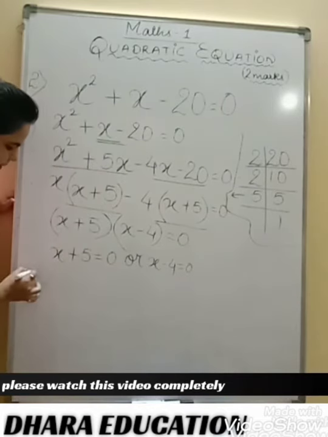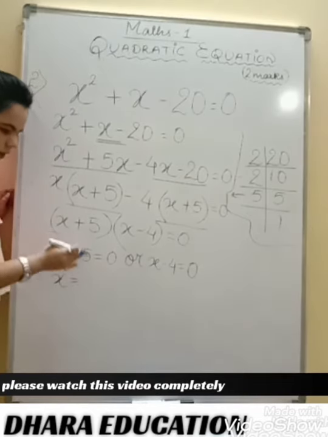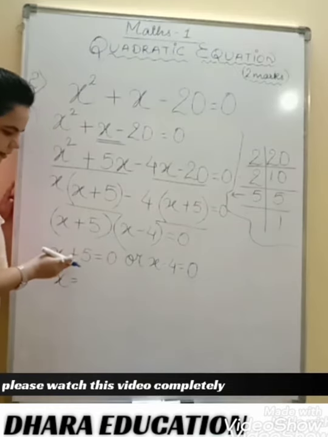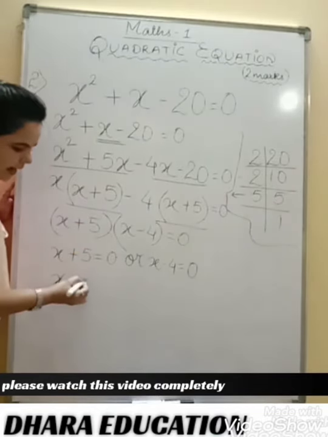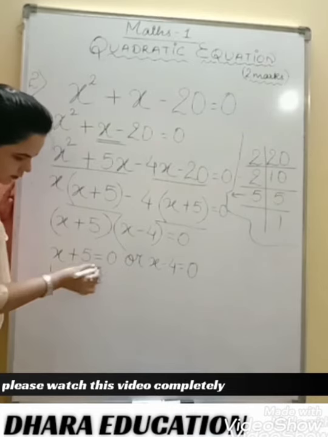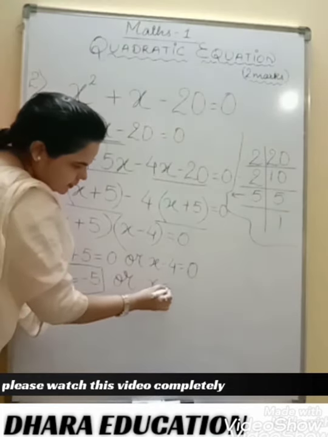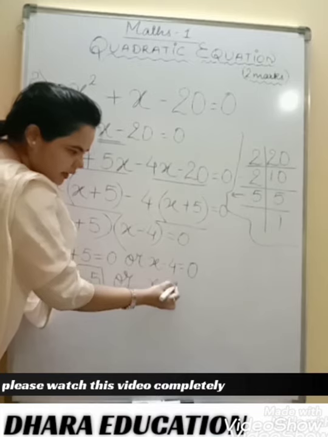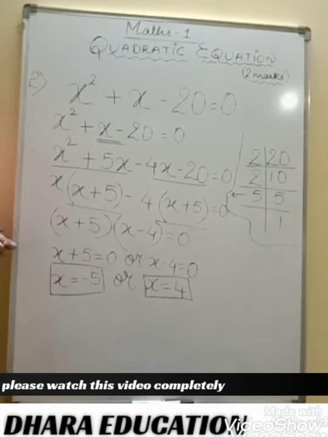So now x is equal to minus 5: when the 5 shifts from the left hand side to the right hand side, it is positive on the left hand side, so when it shifts to the right hand side, it acts as negative. Or x is equal to 4: as this is negative, when I shift this to the right hand side, it acts as positive. Am I clear on this to everybody?